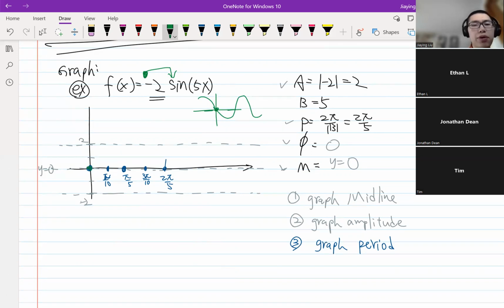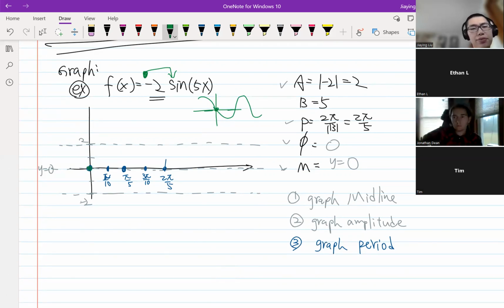So from this point on the midline, the origin there on the y-axis, we're going to decrease first. By the time we get to pi over 10, where the first quarter ends, we should reach the minimum. And from there, we're going to go up to the midline.